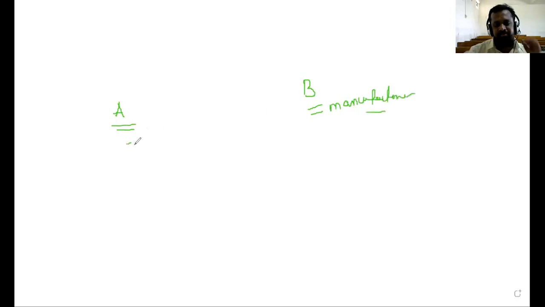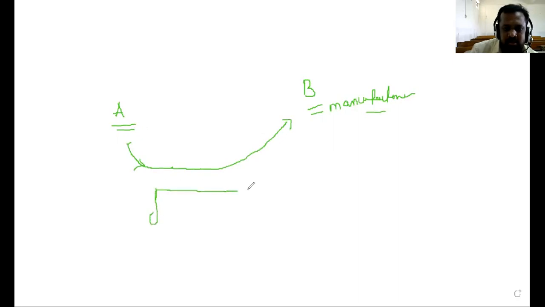Suppose A is one person, the client, and suppose B is the manufacturer. Suppose that person has given an order to B, that manufacturer, for one shaft like this.